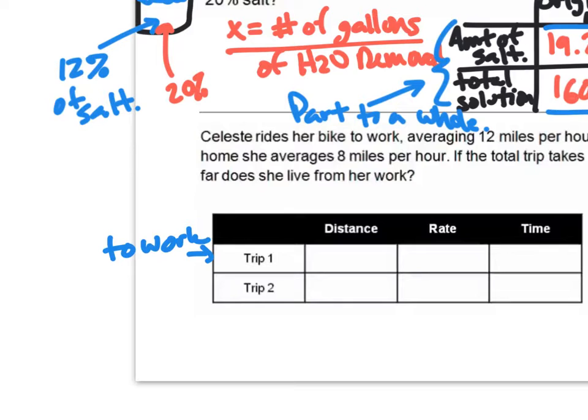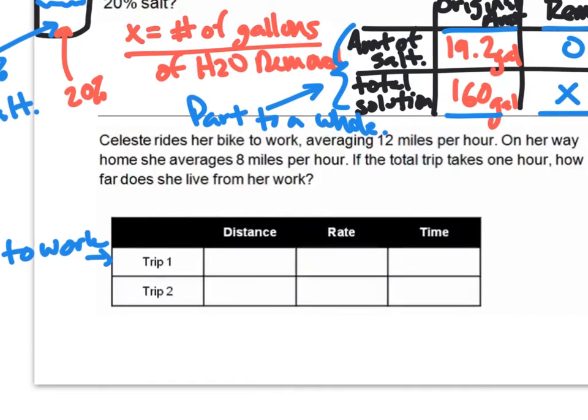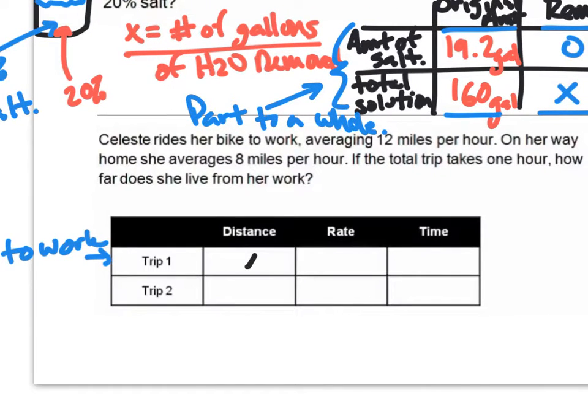We don't know that distance x. We don't know how far that is. But we do know that she travels at a rate of 12 miles per hour. So I'm going to put that rate here, 12.